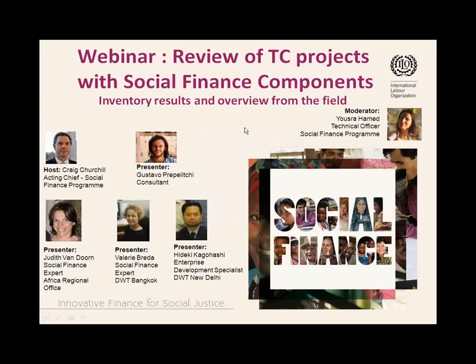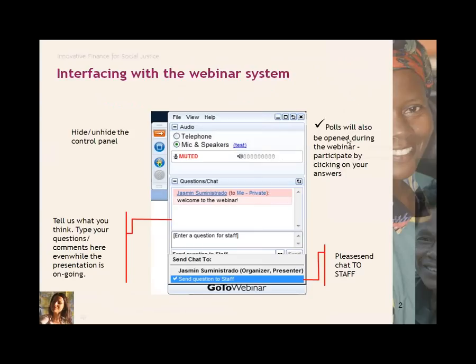So for the webinar system, here, we have a chat box like that one, where you can play around. Here you can hide or unhide your control panel.